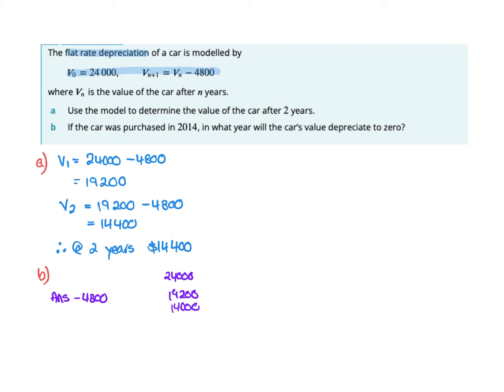If we kept going, we find out how many years it takes to get to 0. So that was 14,400, then 9,600, then 4,800, and then you got to 0. So this was after 1, 2, 3, 4, 5. So you can answer, therefore, after 5 years.